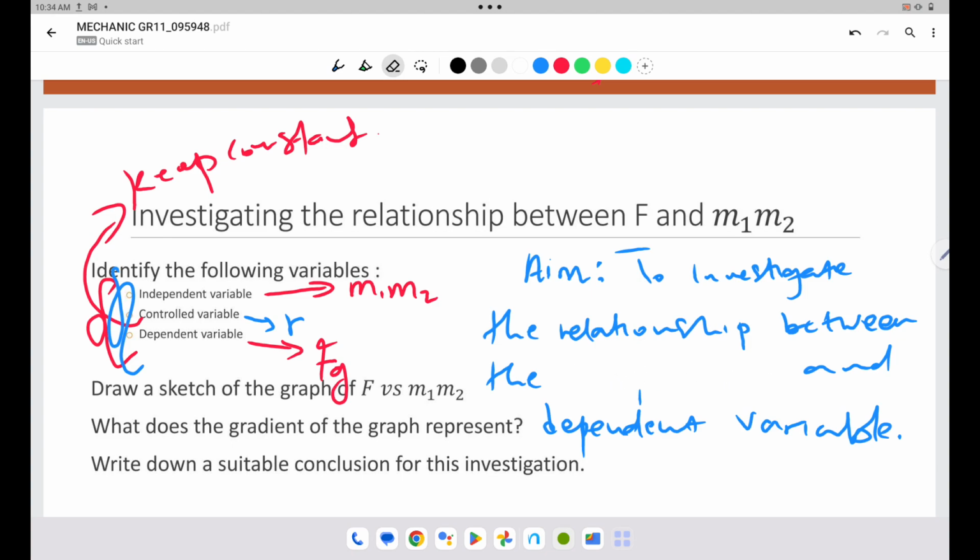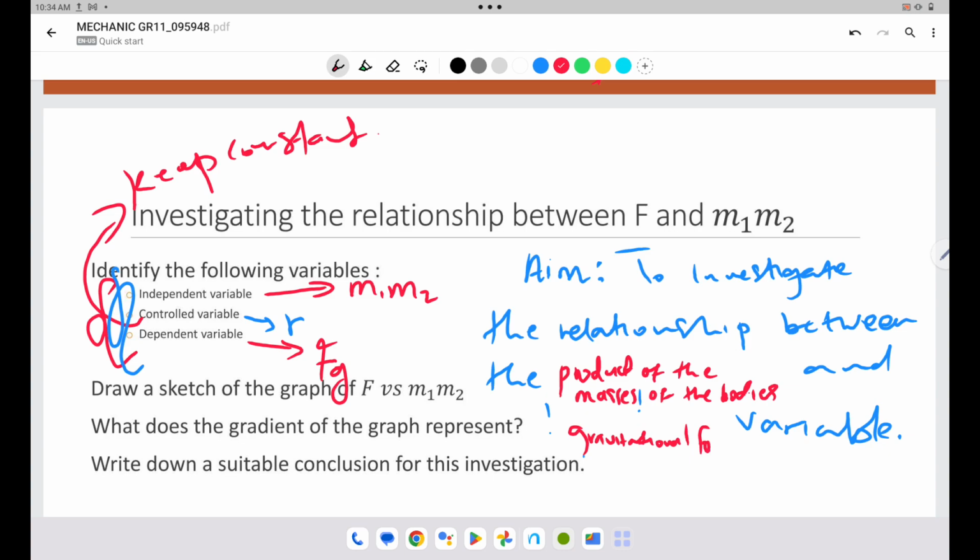So you go and put it there: the product of the masses of the bodies, just to be specific, and the dependent, which is the gravitational force.